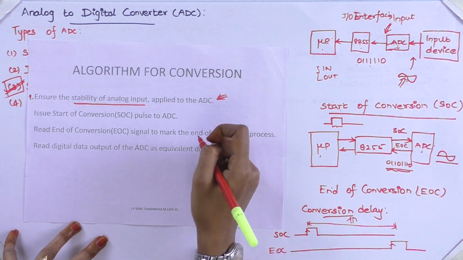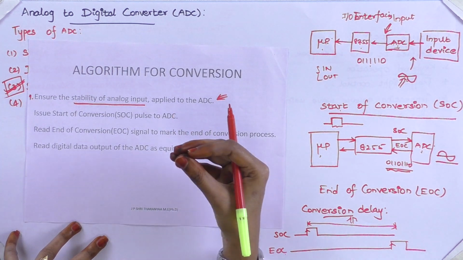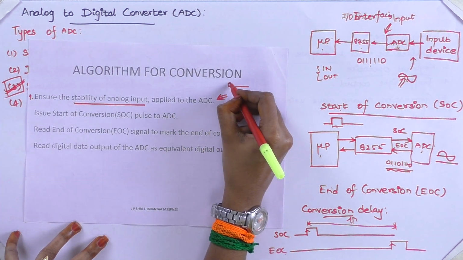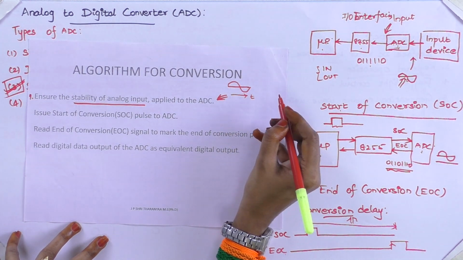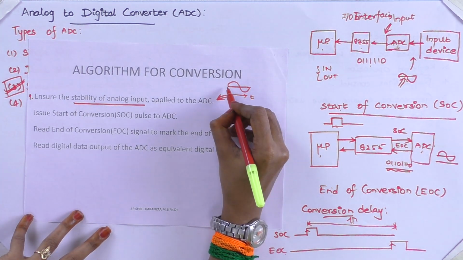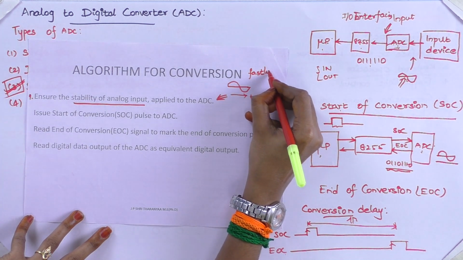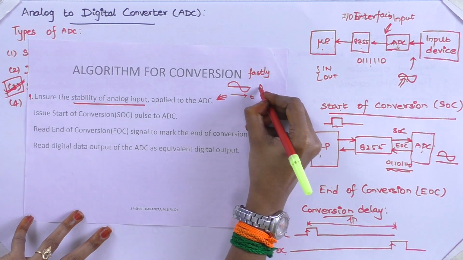If it varies very fast, the converter cannot convert as fast as the input signal varies, because the analog to digital converter takes some time to convert a single time period.